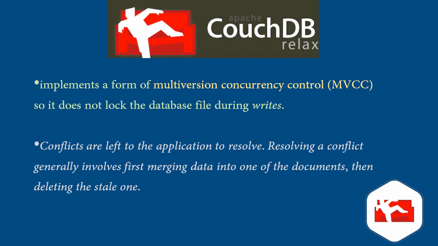So multiple writes are not supported there. But here it supports multi-version concurrency control, or multiple writes, and it does not use locks. The conflicts, if they occur, are left to the application to resolve. Resolving a conflict takes first merging the data into one document and then deleting the stale one or the contradictory one.